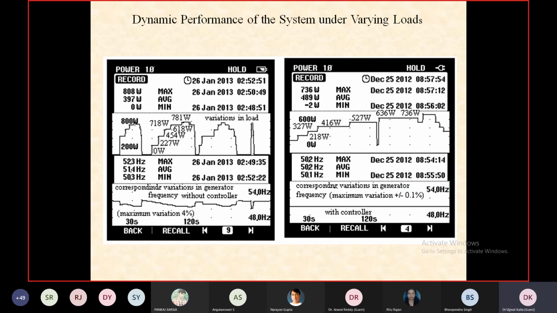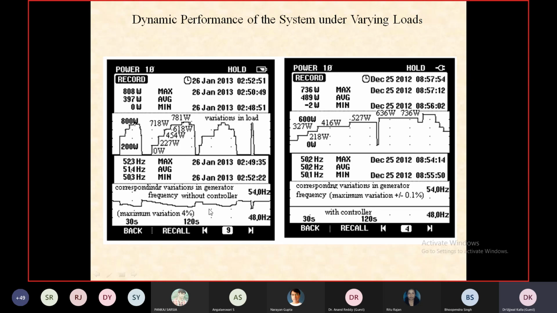So see, this result shows the system performance under varying prime mover speeds, with this controller and without controller. The left side figure shows the real time recording that we have recorded on a Fluke 43B power analyzer. Here we varied the load in steps, and see the variation in the system frequency.